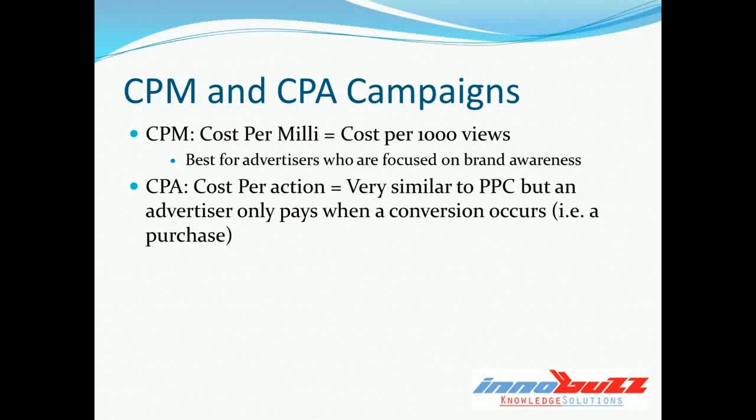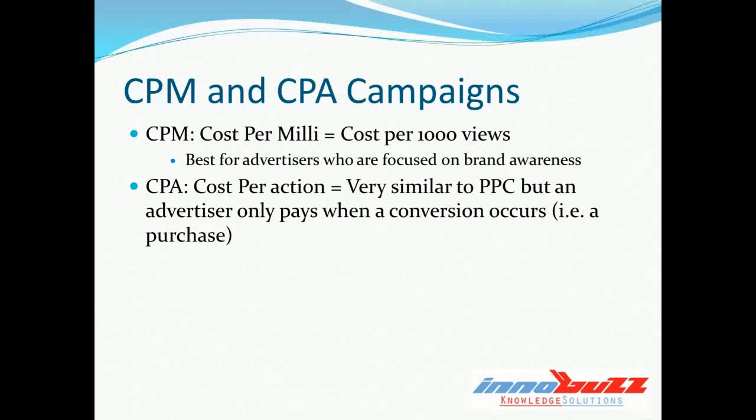Cost per action is being called the next evolutionary step in online marketing, and I kind of hope it is. It's very similar to PPC in that you only pay once a click occurs, but there's a difference here. With PPC, you pay on the click. With CPA, you pay when the person actually purchases something on your website.